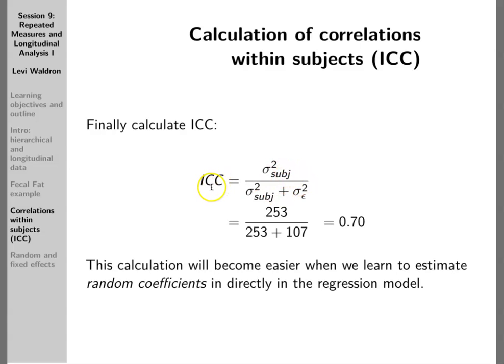That would be 100%, or an ICC of 1. Whereas if the residual variance is much, much larger than the subject variance, so that all of the subjects have the same baseline, then that would be an ICC of 0, and the actual independent measurements within a subject.